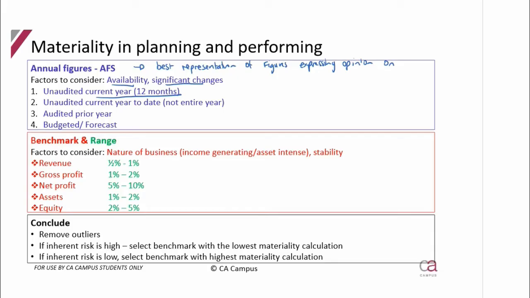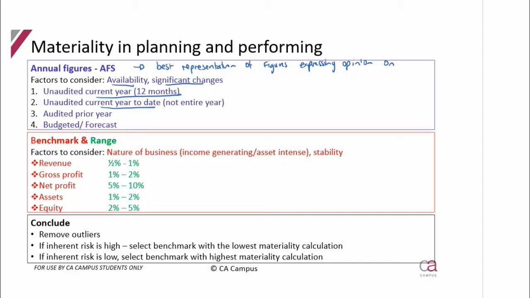If, however, you start the planning before year end, then the next best option is to use the current year to date. So you don't have the entire year because you're planning 10 months into the year, but then you've got at least 10 months of current year, and there's only 2 months that you don't have the actual data for, but it's easy enough to maybe find trends to calculate that.